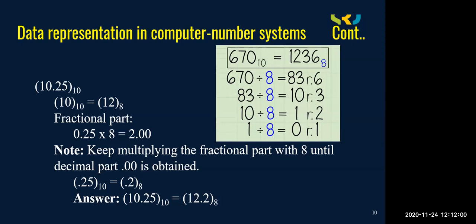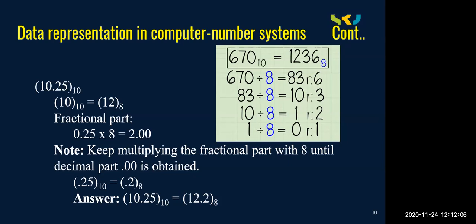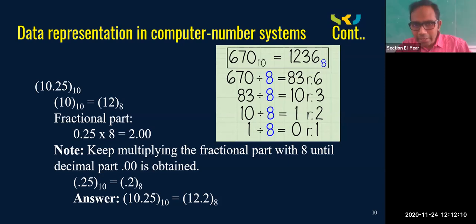You can do it on paper if you have a doubt. Then divide 10 by 8: 1 is the quotient, 8 ones are 8, and 2 is the remainder.